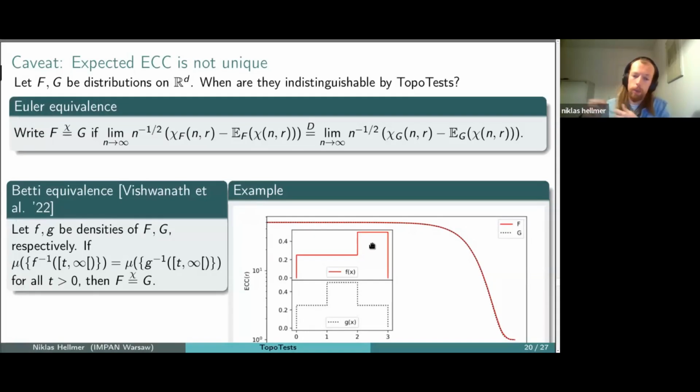You could just move it all the way somewhere else, some large distance apart. So you tear the support of your density apart, which is something which, as a topologist, feels very painful, and you think you shouldn't be allowed to do that.